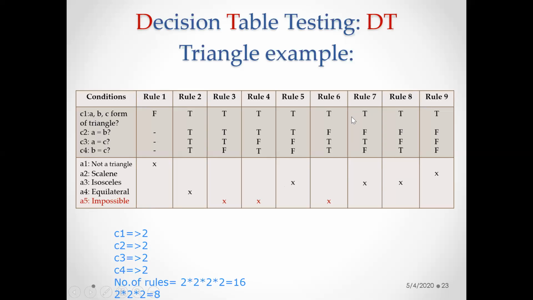With respect to the other case, a triangle can be formed, A not equal to B, A not equal to C, but B is equal to C. Then it is also an isosceles triangle. Your rule set 9, just observe what it says. It will be representing the scalene. Is it not that it is not at all needed with respect to a particular rule entry? According to us, only 16 cases are required.